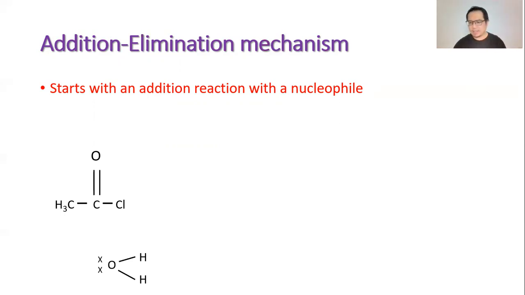Now, before we start, we need to draw out the molecule of the ethyl chloride, the acyl chloride, first. The first thing that we should do is label the delta positive carbon and the oxygen being delta negative over here. The next thing is to make sure your nucleophile is situated right at the bottom, like how I indicated here.